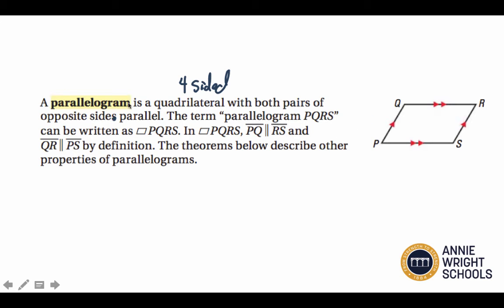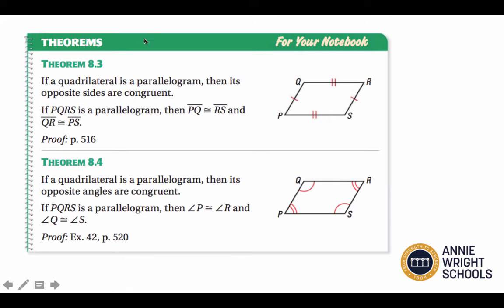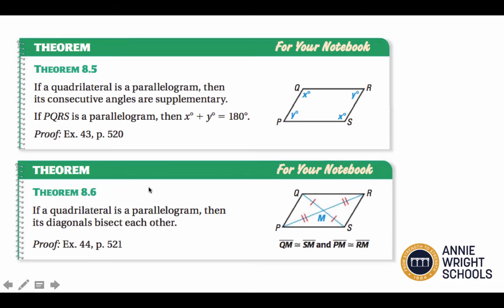So if you know something is a parallelogram, then all you know is that QR is parallel to PS and SR is parallel to PQ. From that simple definition, we can get four very important theorems. One, the opposite sides are congruent. Two, the opposite angles are congruent. Three, the consecutive angles are supplementary, so x and y are supplementary.